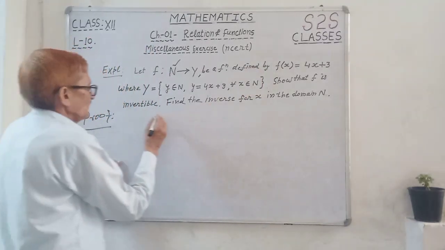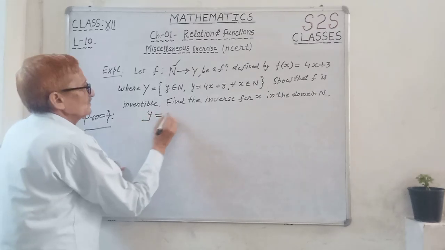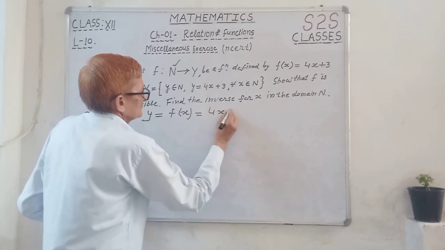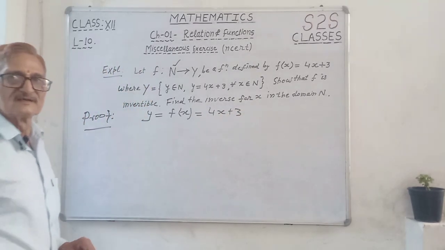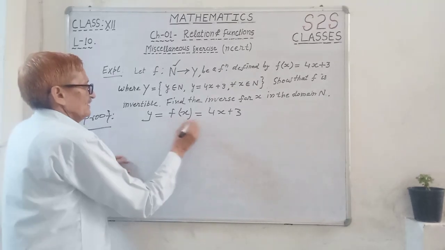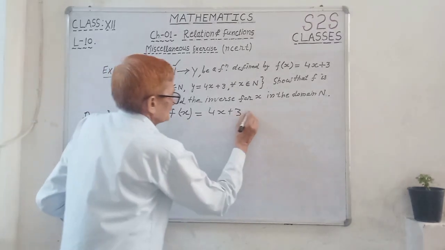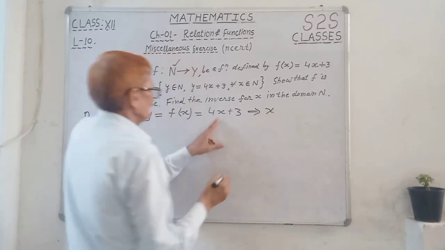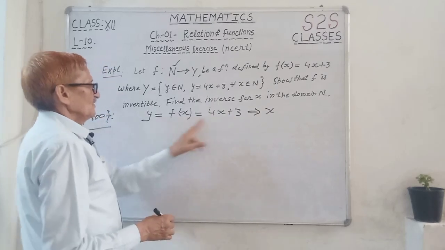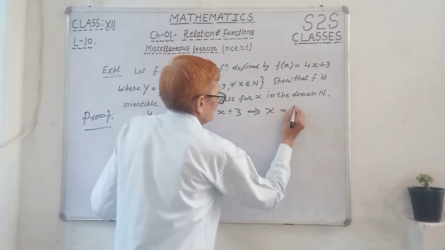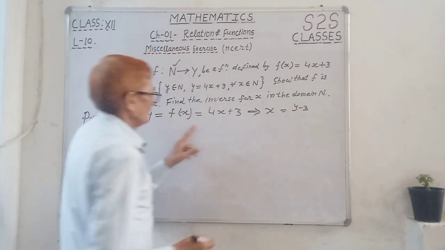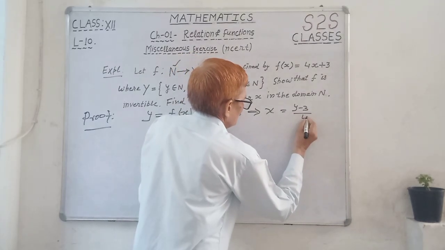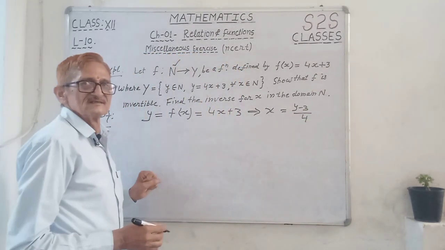Now you know this function: y = f(x) = 4x + 3. If we are finding the x value from here, because of the inverse, then x will be equal to y minus 3, 3 will go to this side, x = (y - 3)/4.